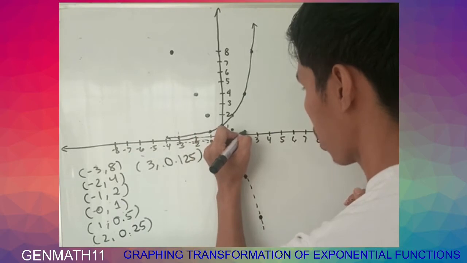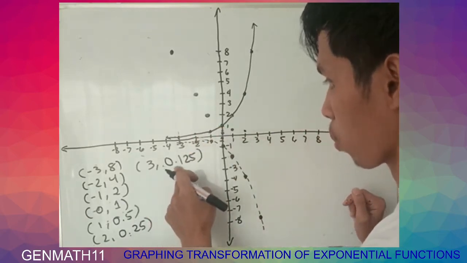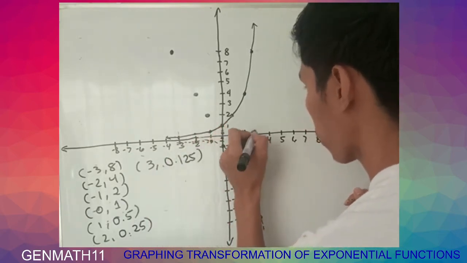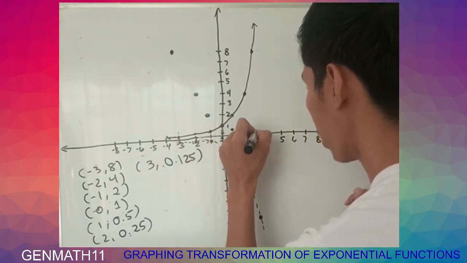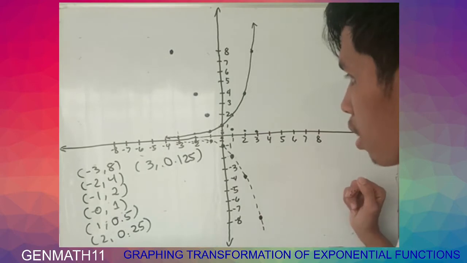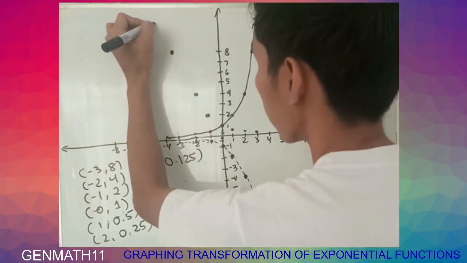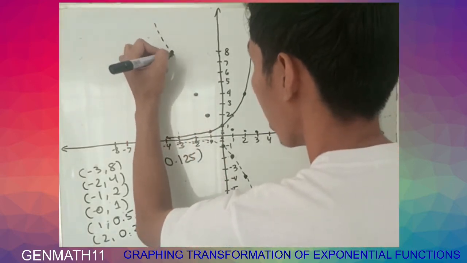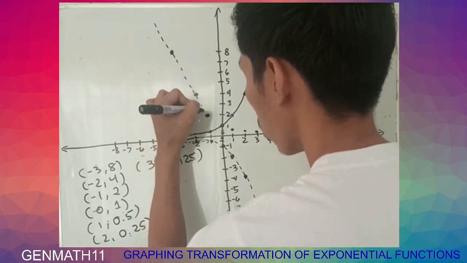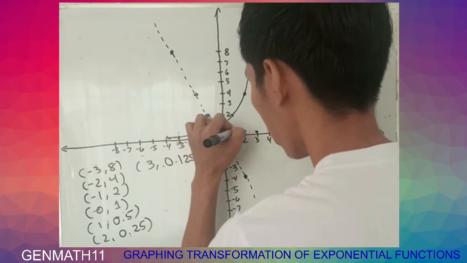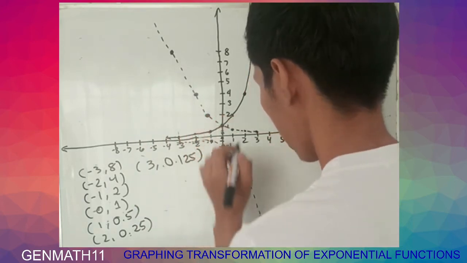Ito yan. Then, yung isa ay 3, 0.125. Dito yan. Then, lagyan natin lang siya ng broken line.